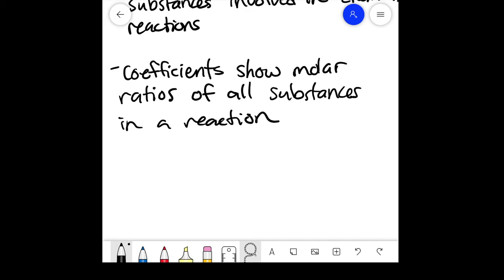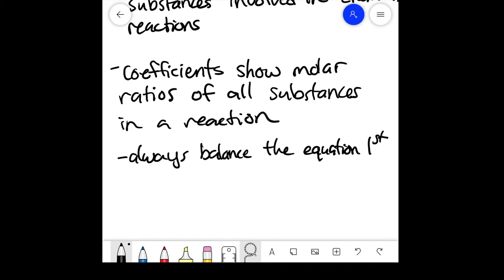So that is why you need to always balance the equation first, because those coefficients are important not just to have a balanced equation, but for your conversions for your problem to work out.